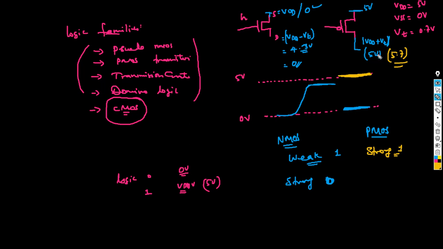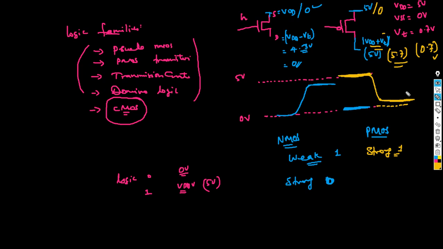Now remember, make this zero. What is going to be the drain potential? It is going to be 0.7 volt, because 0 plus 0.7 volt is 0.7 volt. So it is not going to reach all the way down, it is going to stay something like this.